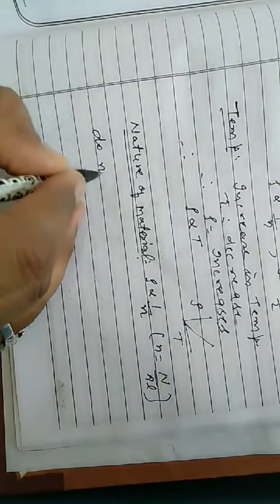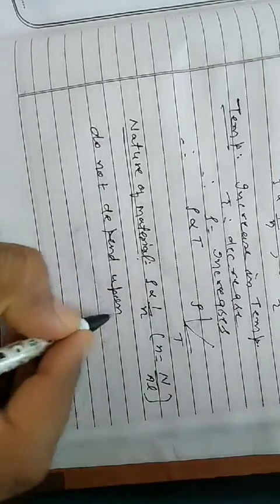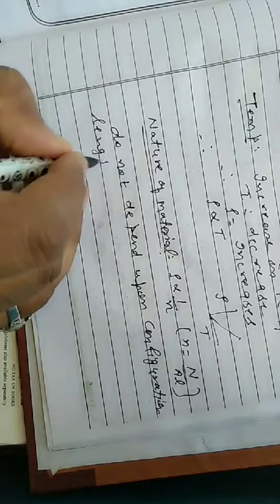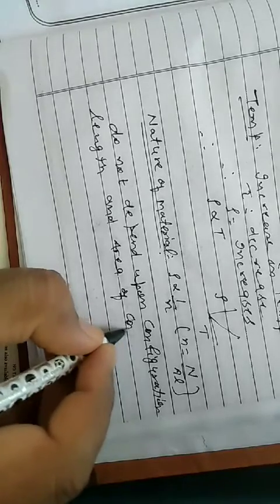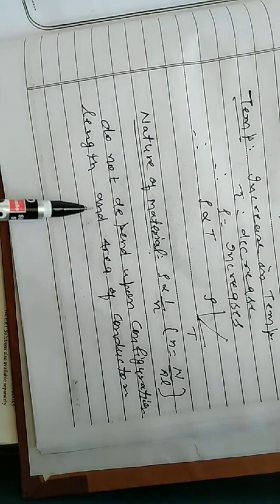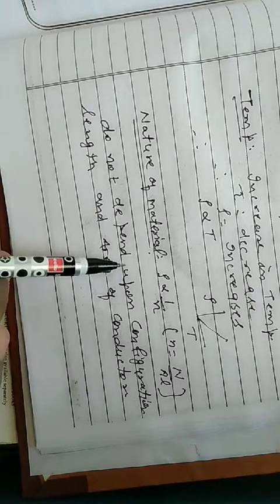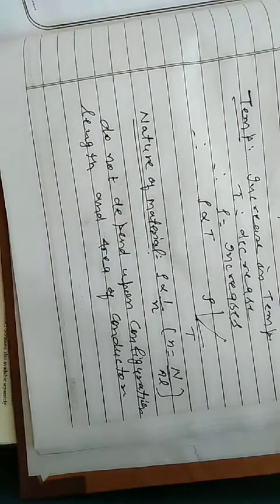It does not depend upon configuration, meaning the length and area of the conductor. If length increases, resistivity does not change. If area changes, resistivity does not change, because resistivity does not depend upon length and area. It only depends upon temperature and the nature of the material.